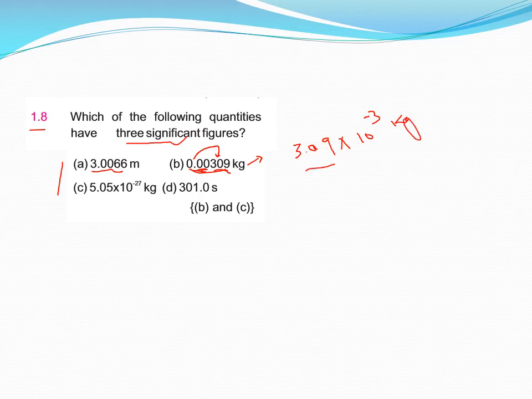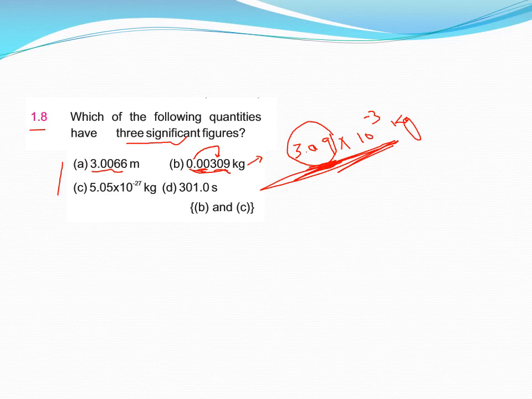These numbers along with 10 raised to a power are always significant. So this is the simple way to note down the number of significant figures. If you convert any number into scientific notation as I converted here, you can get these digits as significant digits.